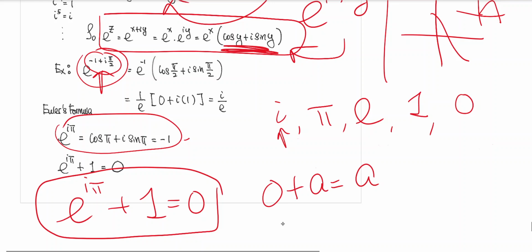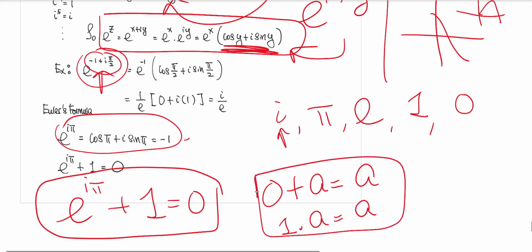If you use multiplication, you need 1. So in addition, 0 serves as the additive identity, and in multiplication, 1 serves as the multiplicative identity.